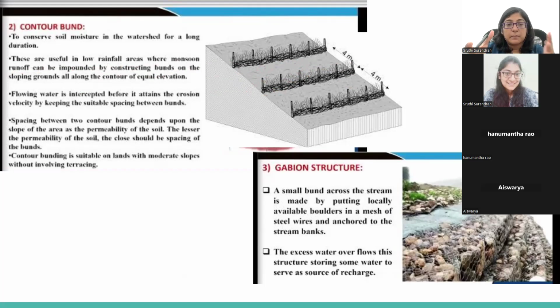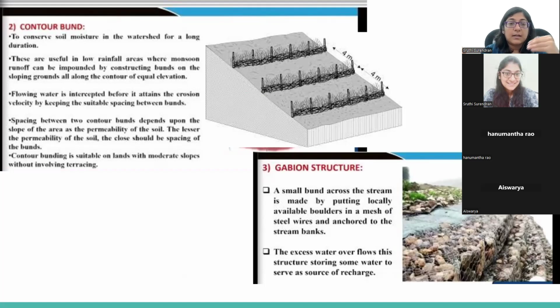Once the permeability is lesser, this also indicates that the time taken for water to enter the soil will be a lot longer. As a result, it is necessary that we place the bunds at closer intervals so that water can be retained at more locations for a longer period of time.